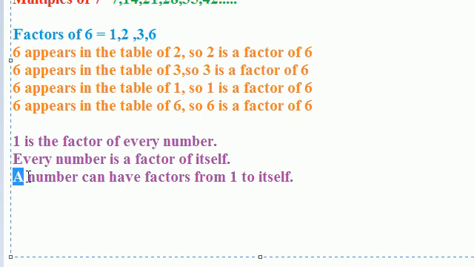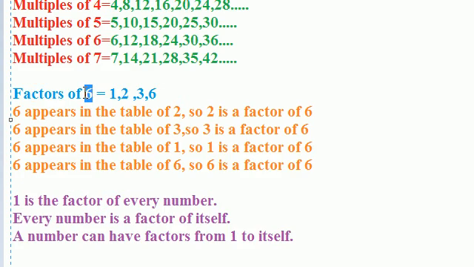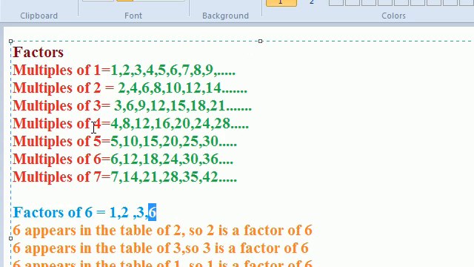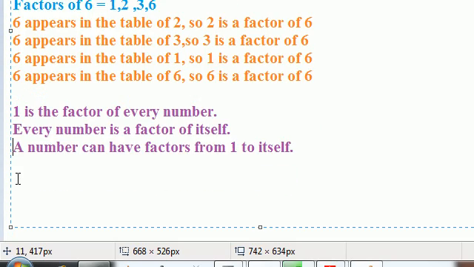So a number can have factors from 1 to itself. So if you have to find the factors of 6, you will first of all write that 1 is a factor, 6 is a factor, and then you will check all the numbers in between: 2, 3, 4, 5. For example, we are seeing here a number 10.